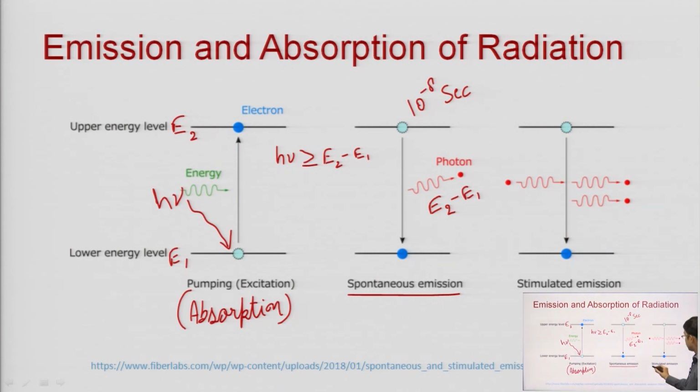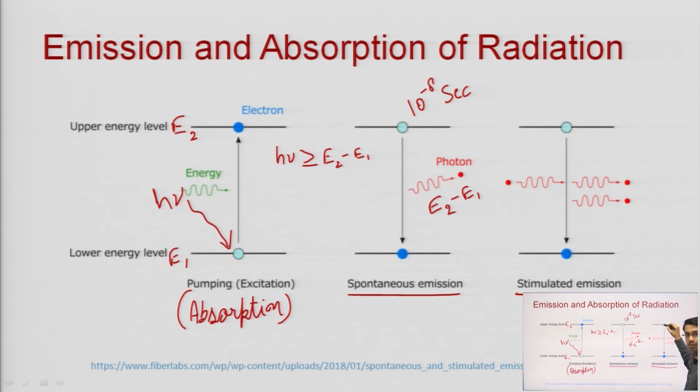Now, the third is stimulated emission. Now, what is stimulated emission? We are interested in this particular phenomenon, stimulated emission. So, this electron is in the excited state, it has absorbed some radiation and it is in the excited state.